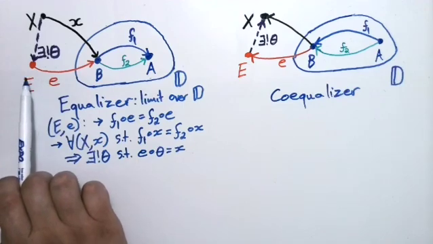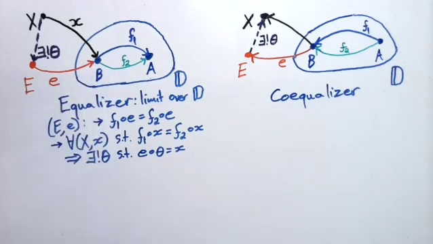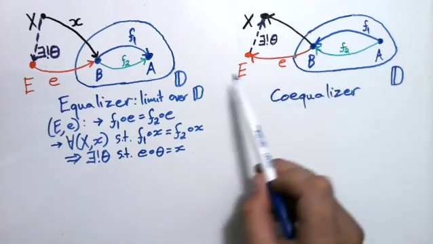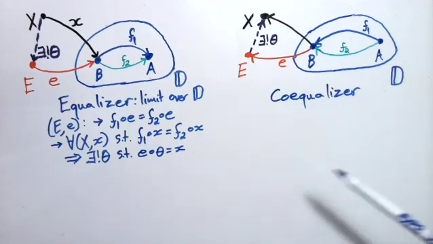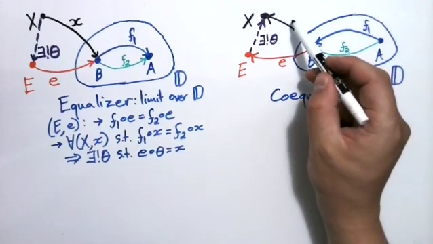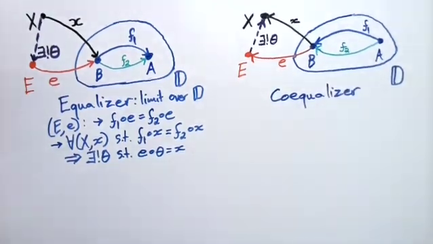Our equalizer morphism went from E into B, so now our coequalizer morphism needs to go from B into E. And similarly, our arbitrary morphism X needs to go from B into X instead of X into B. And finally, our unique mediating morphism, theta, also needs to be flipped. So as you can see, we've flipped every single arrow.